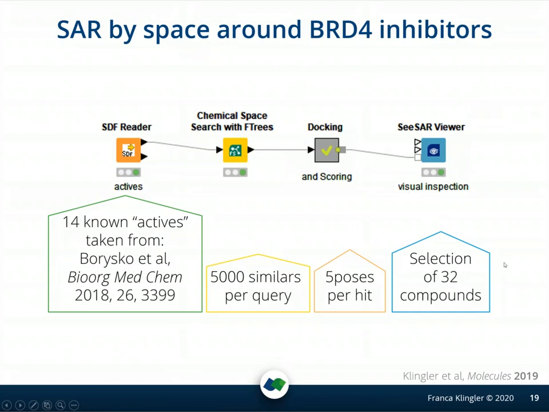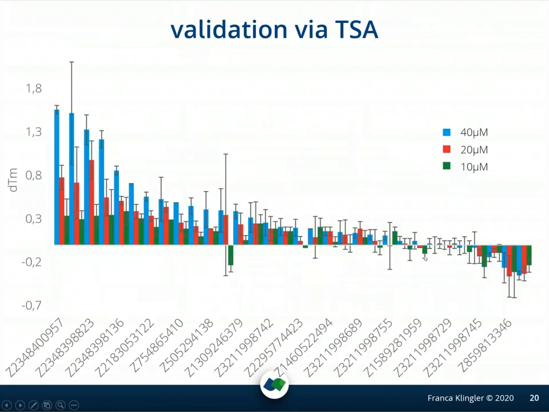And we applied this here on the real space, so we could order the molecules from Enamine, and we validated them in the first place in a thermal shift assay. And what you see here is the compounds and their thermal shift at different concentrations. So you see those dependent thermal shifts and hopefully binding on the target.